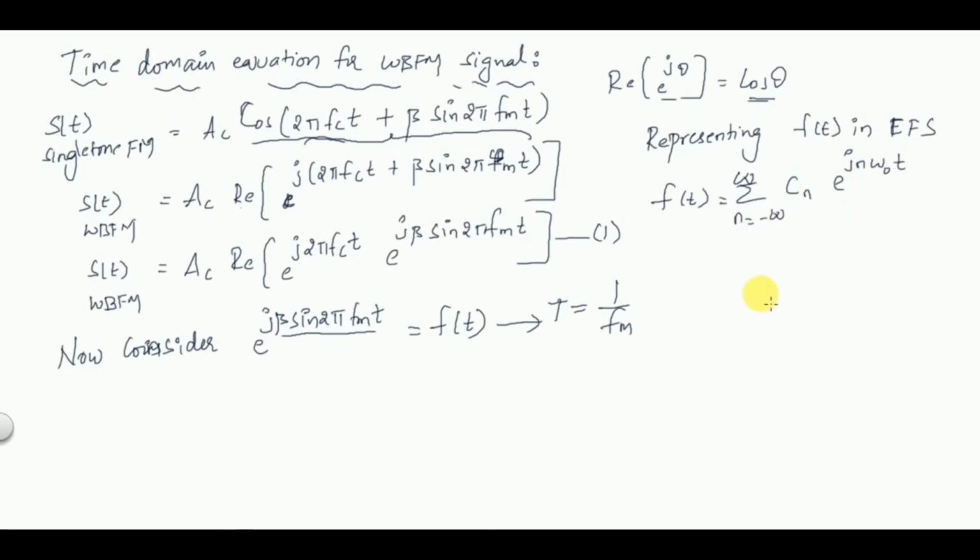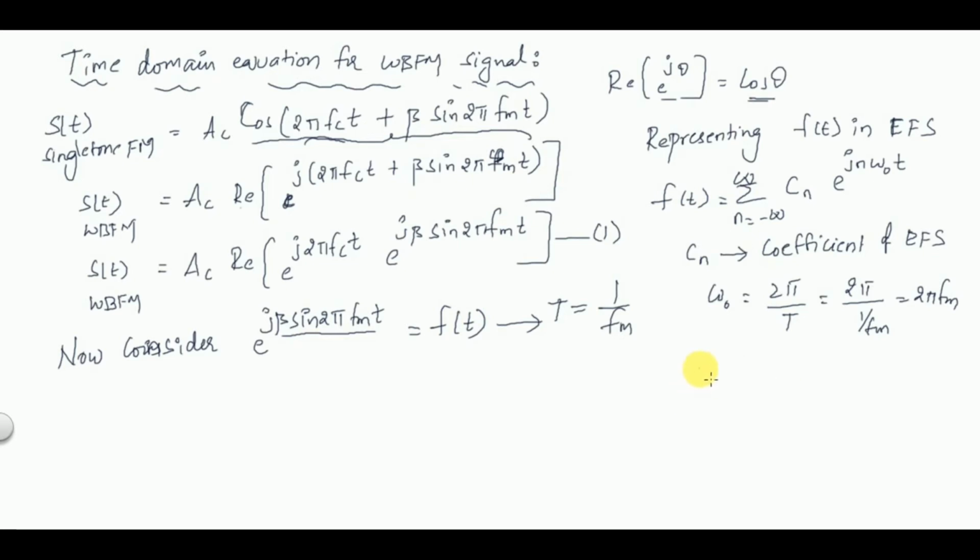This is the standard form, where Cn represents the coefficient of the exponential Fourier series. And what is omega naught? Omega naught is equal to 2 pi by T, and T is 1 by FM, so it becomes 2 pi FM. So this is the omega naught value. This is f of t, which is given by this signal.